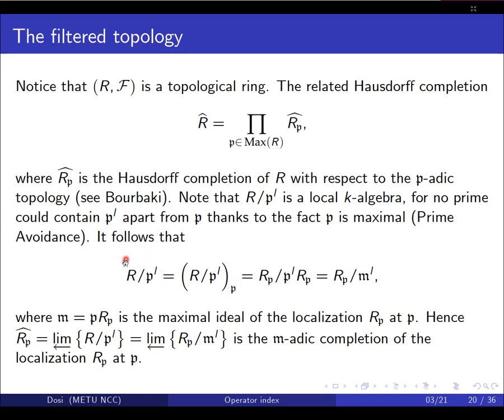Since it's local, it's the same as a localization, so we can apply the localization functor, with respect to powers of this maximal ideal. So R_P is actually the M-adic completion of the localization. From another point of view, this is a completion of the localization.